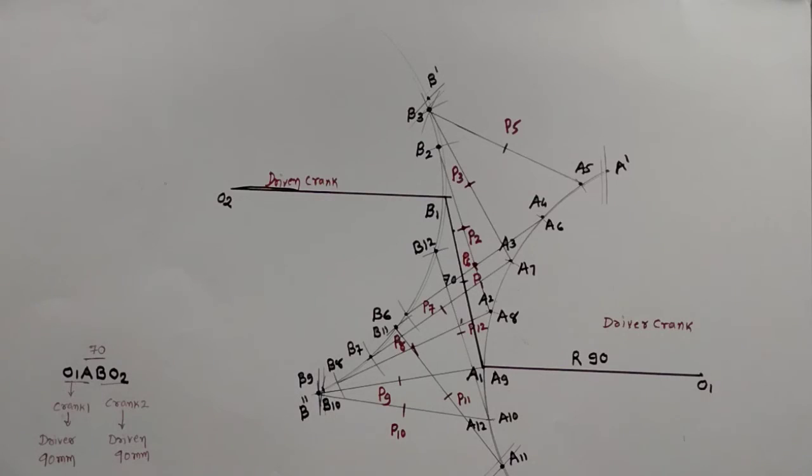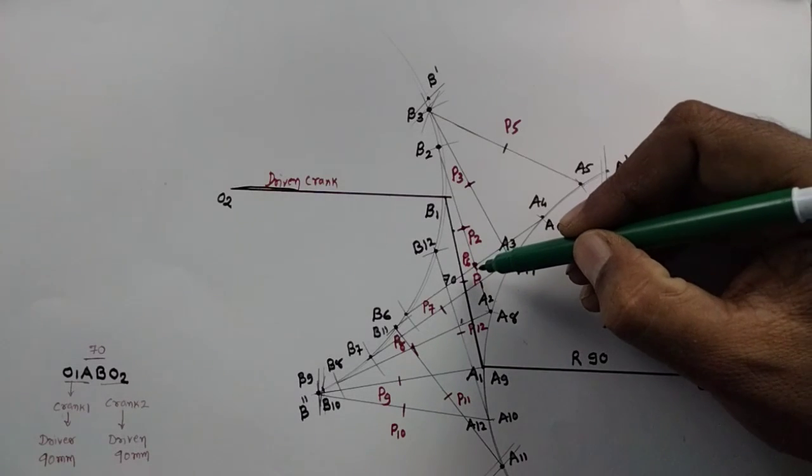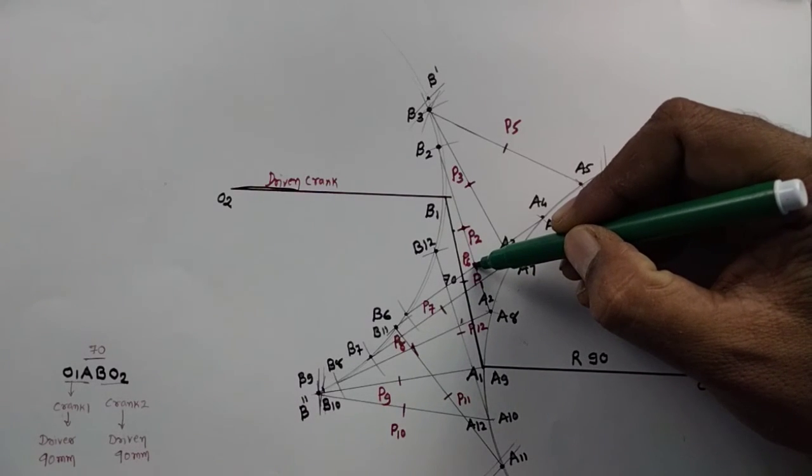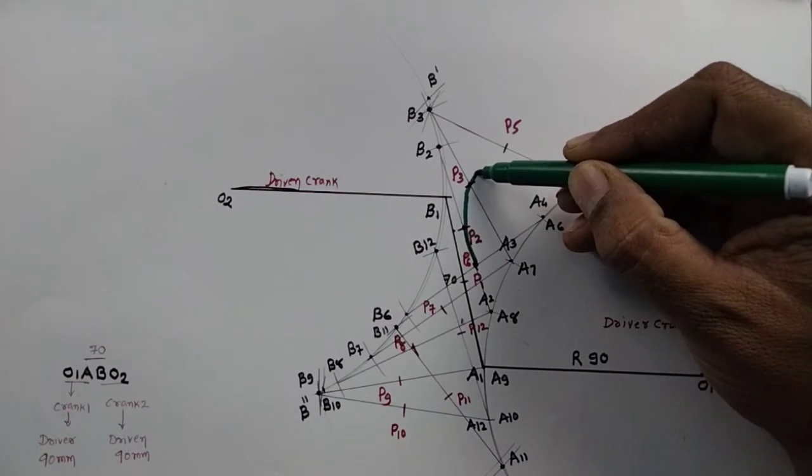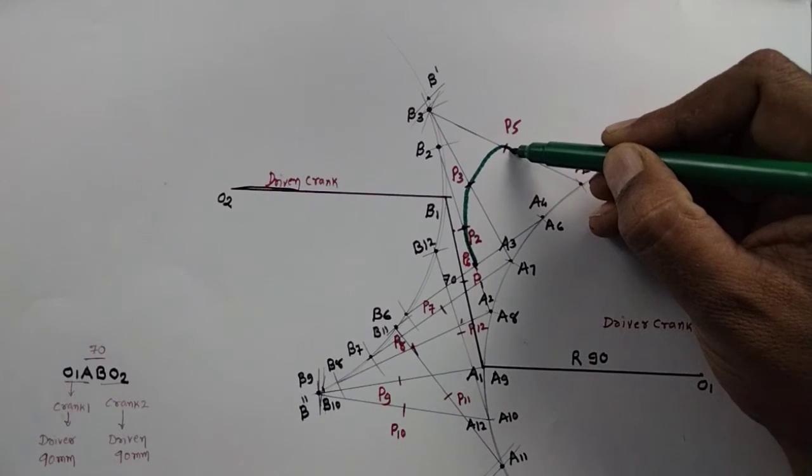Now, friends, connect all the points with smooth curves. So I start my path of point P from P1, then P2, P3, P5.